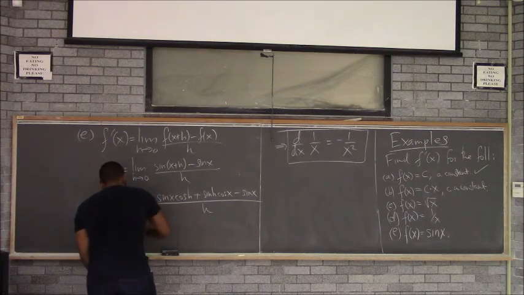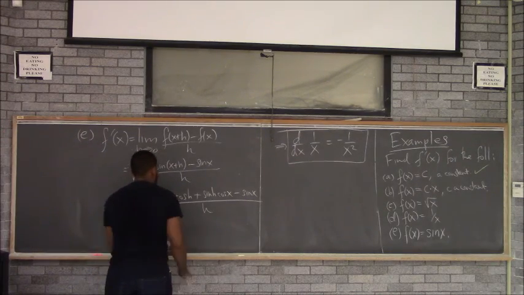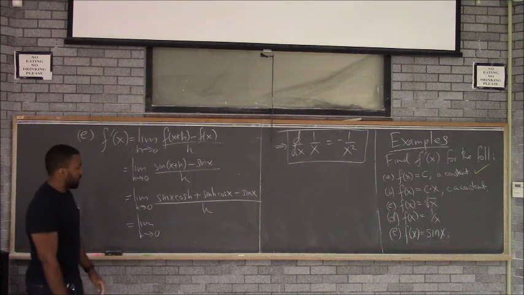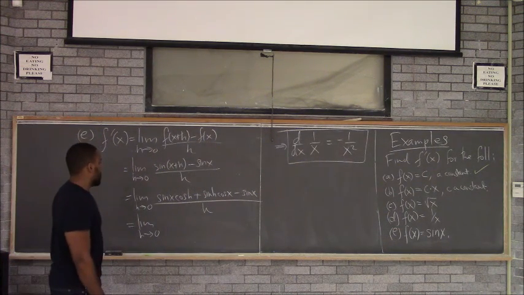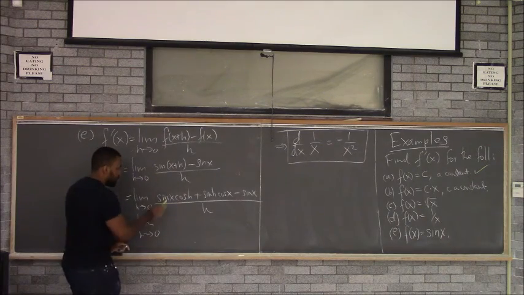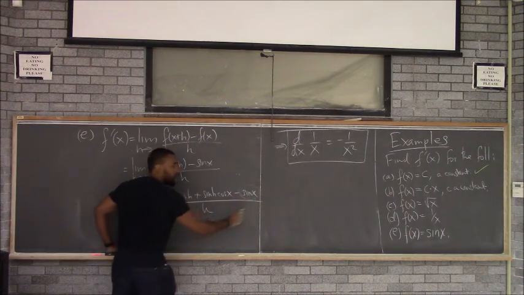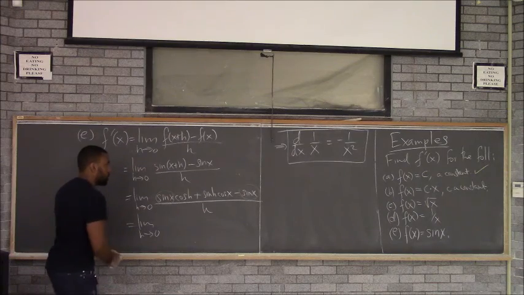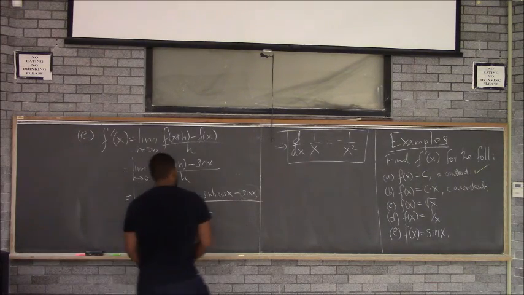Now, if I look here, there's a sine x and a sine x in common here. Probably what I want to do is group those and maybe split the fractions. That's going to be the nice way to do it.